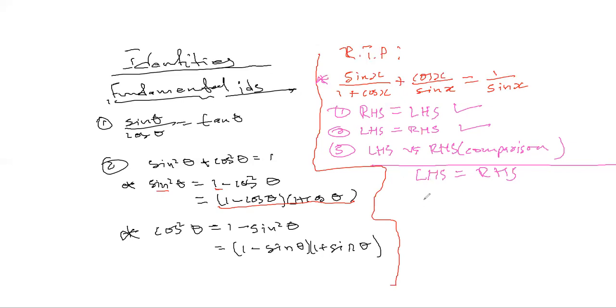Let's see here. So I'm going to write the left side as sine x over 1 plus cos x, plus cos x over sine x. And I'm going to take my common denominator here, which will be sine x into 1 plus cos x, okay?